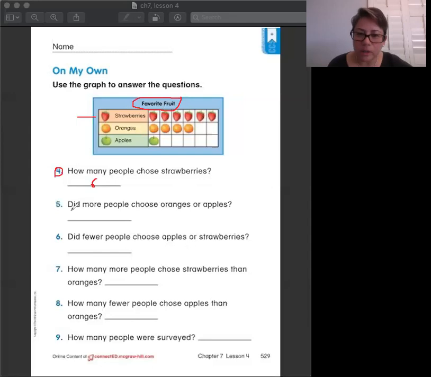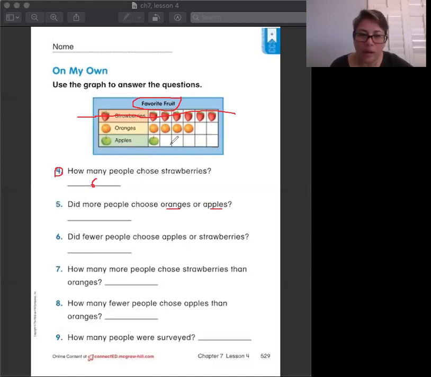Now, this question is a little bit more interesting. Did more people choose oranges or apples? Now, they are not asking about strawberries on this one, so we can get rid of that one. We are looking for oranges and apples, only those two.